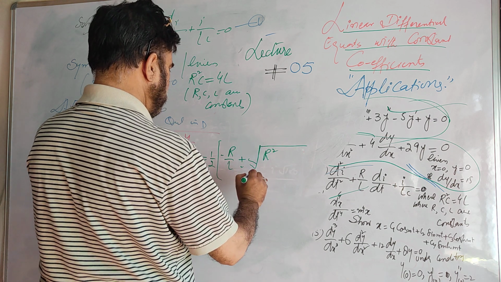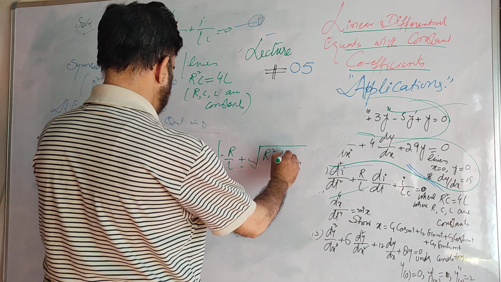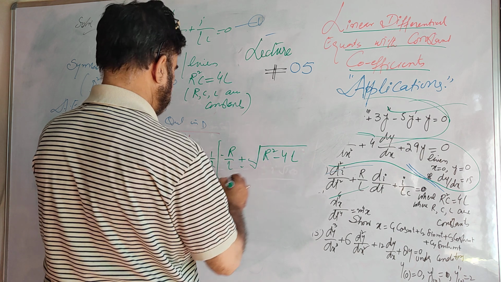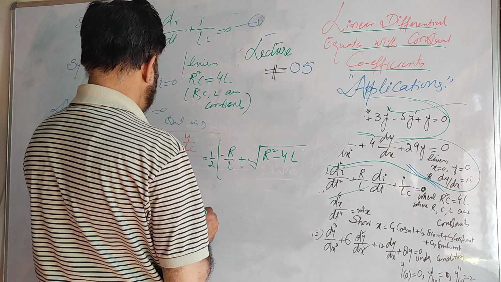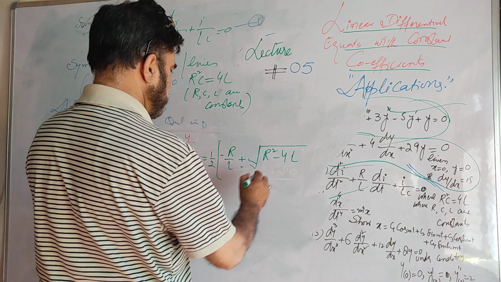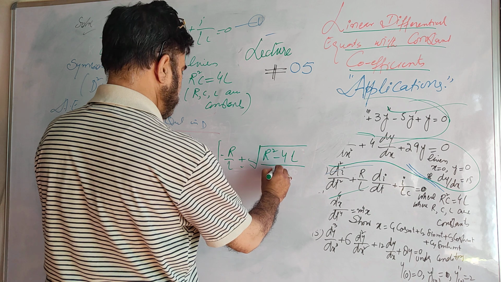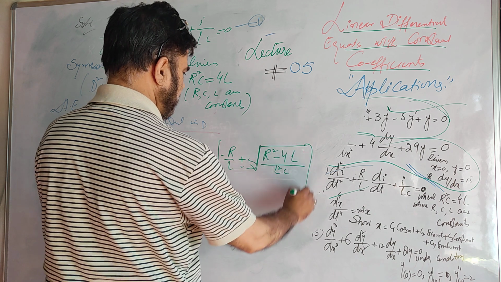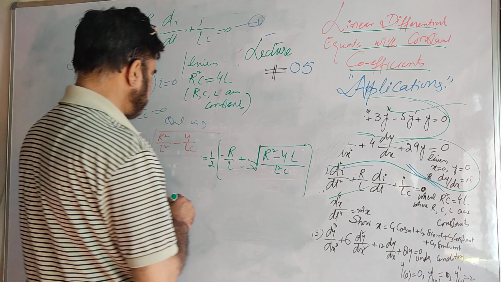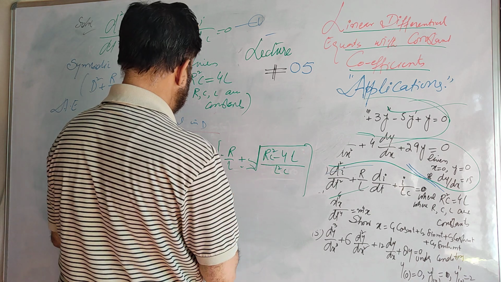If you write everything in root, l square c will be the LCM. It is r square c minus 4l.